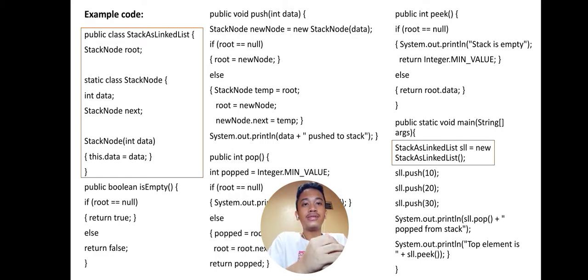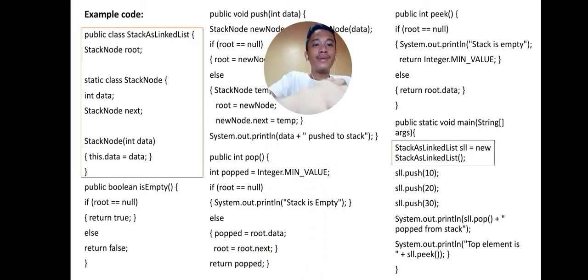So now let's focus on this group of code. By the way, I forgot, the purpose of this code is a method that will check if the stack is empty. And for the public void push method, this is for the insertion of data in the stacks.